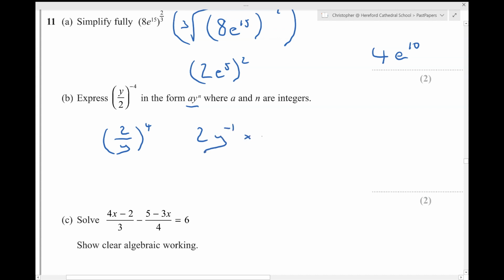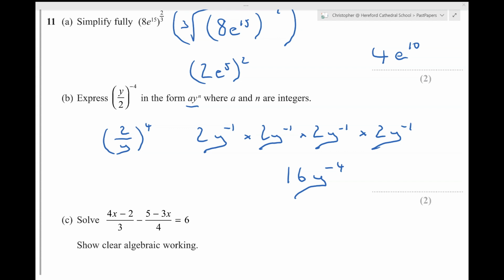And we've got that to the power of 4. So that's going to give me 2, 4, 8, 16. That's 2 to the power of 4. And then y to the power of minus 4, because I add the indices when I multiply. And that is my answer in the form a y to the n, where a and n are both integers.